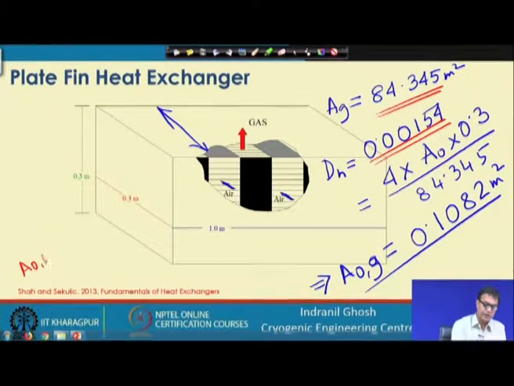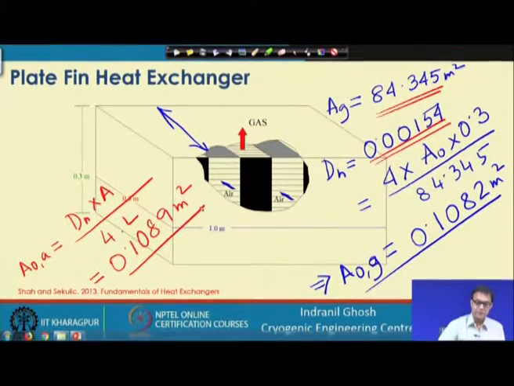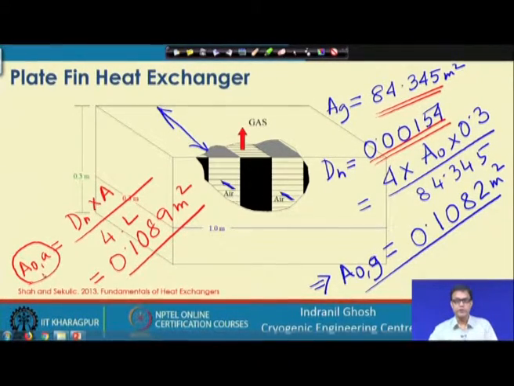For the air side, this will come out to be dH multiplied by the heat transfer surface area divided by 4 into L. If we put these parameters, it will come out to be 10.1089 meter square, that is the heat transfer area associated with the air side. Obviously, since there is one more layer associated with the air, this heat transfer surface area will be more on the air side.